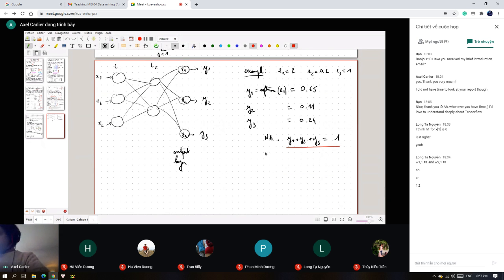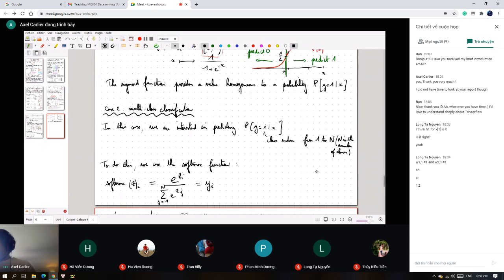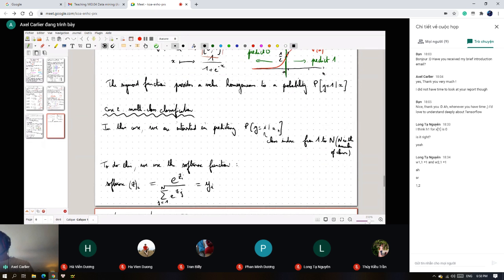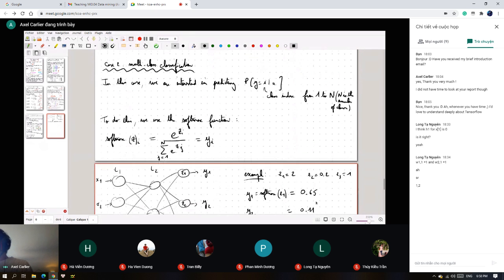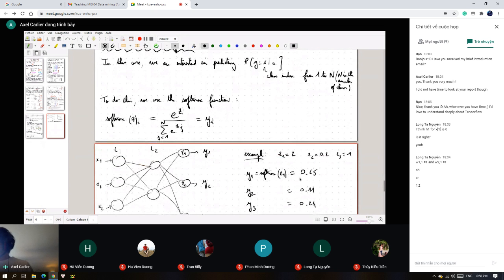So I just want to write that using a softmax provides a probability distribution over all classes, which is exactly P of y equals 1 according to x, P of y equals 2 according to x, P of y equals 3 according to x.